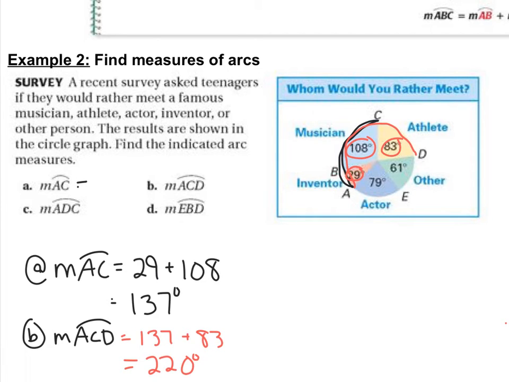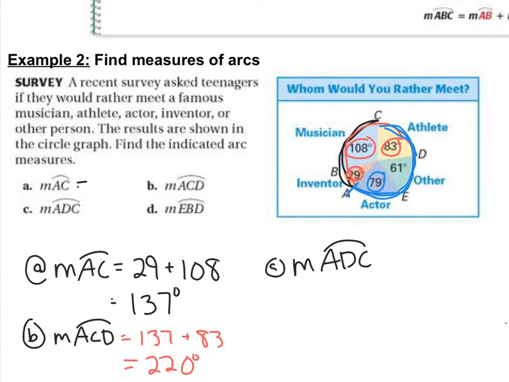All right, letter C, major arc ADC. Now, major arc means that we are going from A, let's try to change colors here, going to go through D, and all the way over to C. So, a couple ways to do this.